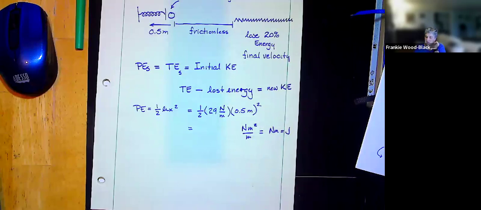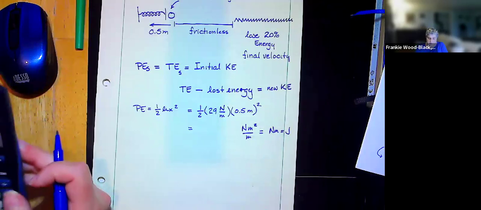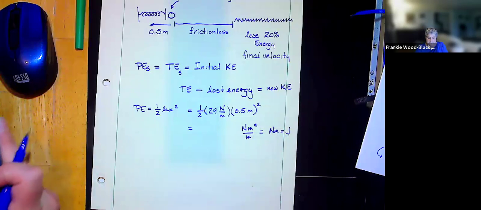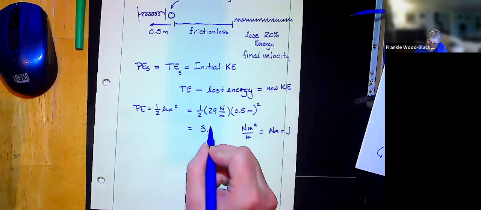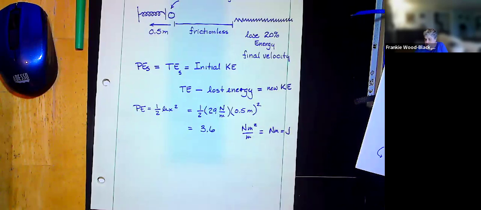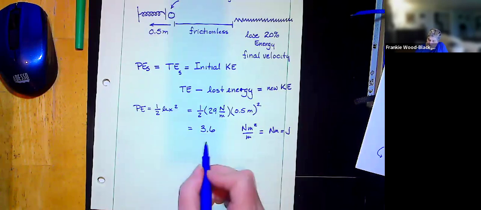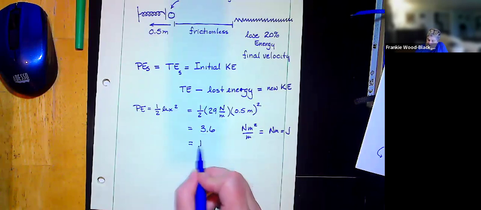So we've done that correctly. Our total energy for our system is 3.6 joules, and that's going to equal our initial kinetic energy.